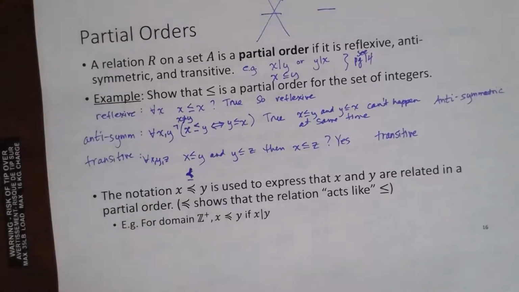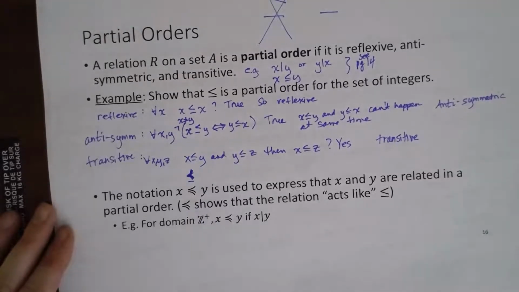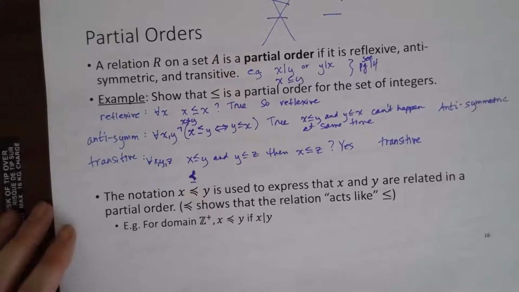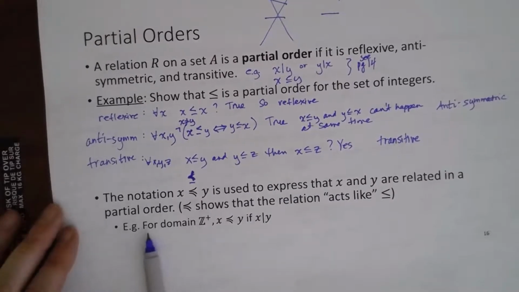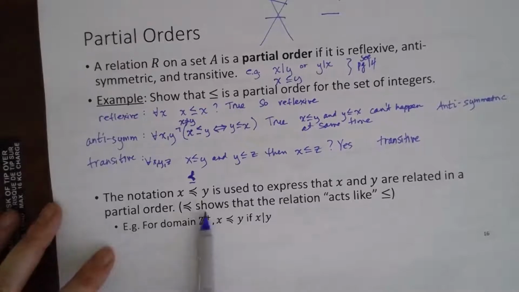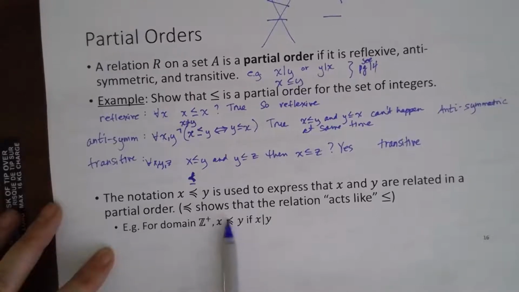So whenever you see that little relation there, we know that it has the same qualities as a less than or equal to. So if we were talking about the domain of positive integers, we could say, oh, we're going to define this partial order, x is related to y in a partial order.